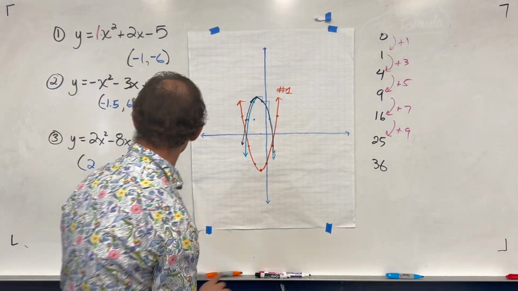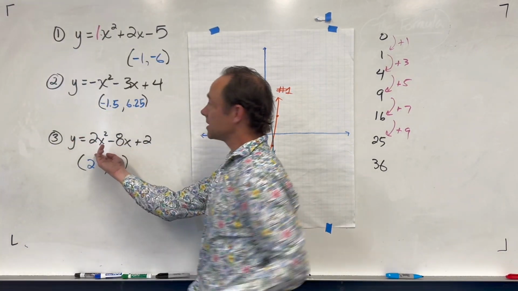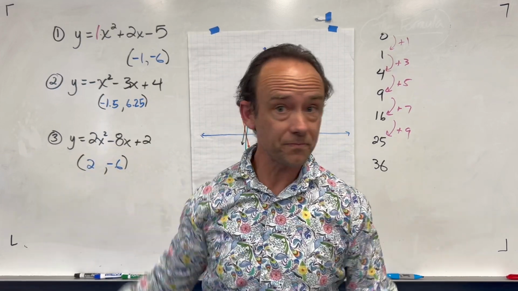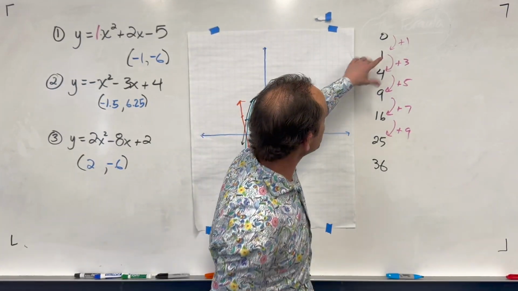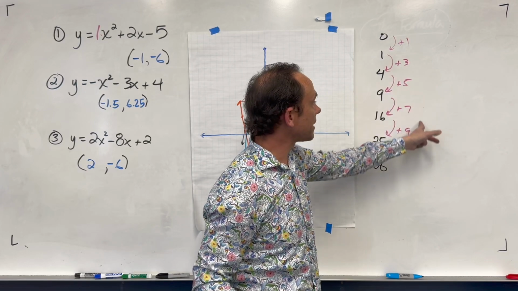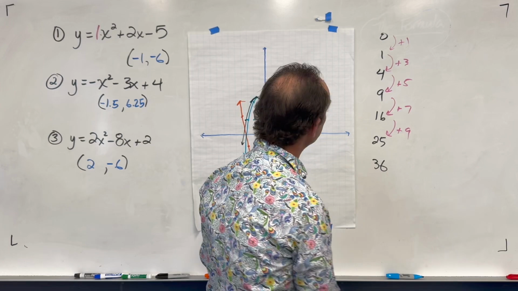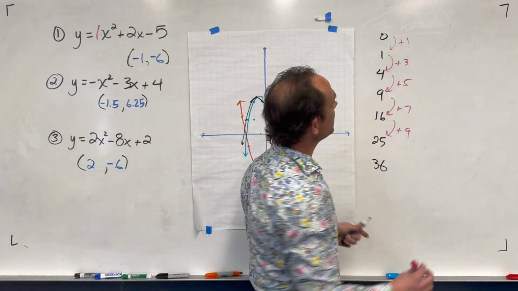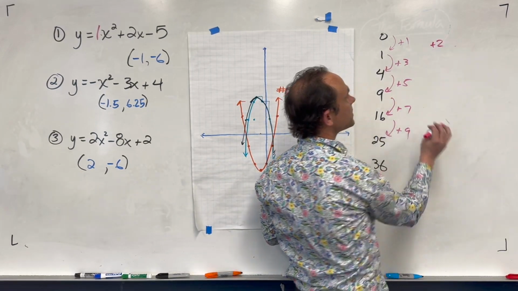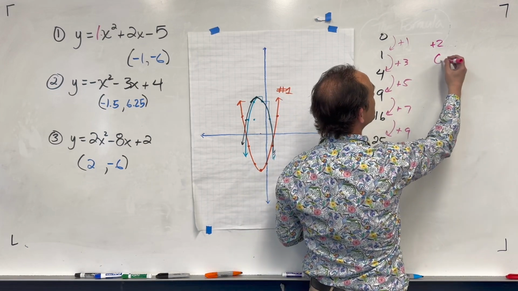Okay. And then lastly, number 3. Now the a value is 2. So this is when a is 1, the pink pattern. So if a is 2, you just scale that pattern. So instead of being up 1, we're going to go up 2. Instead of going up 3, we're going to go up 6.